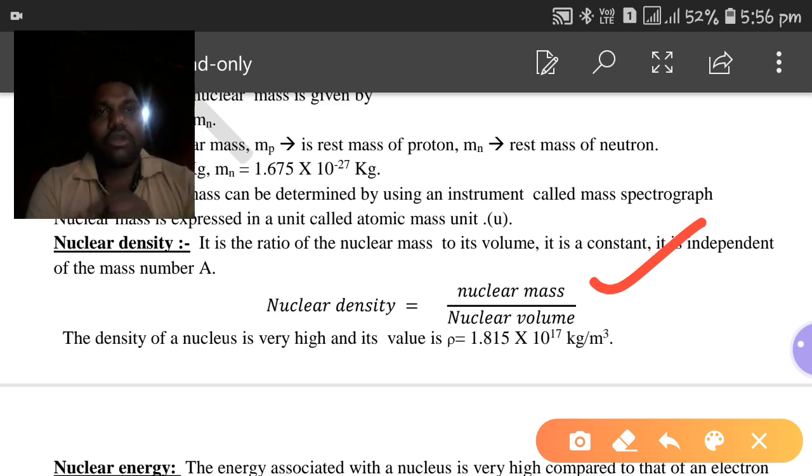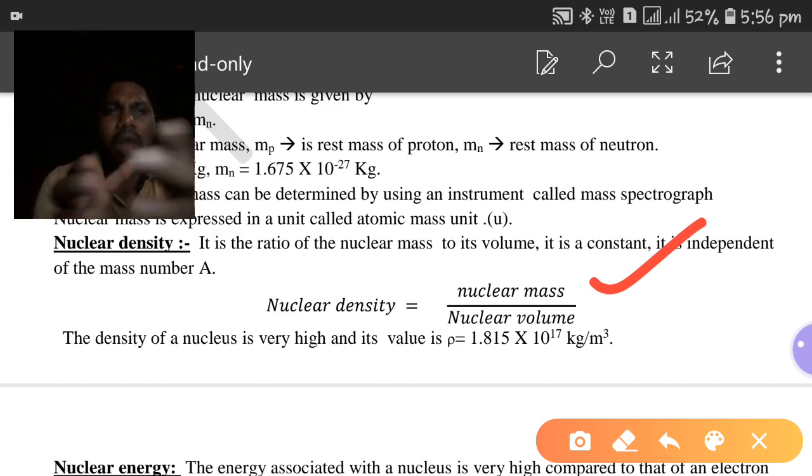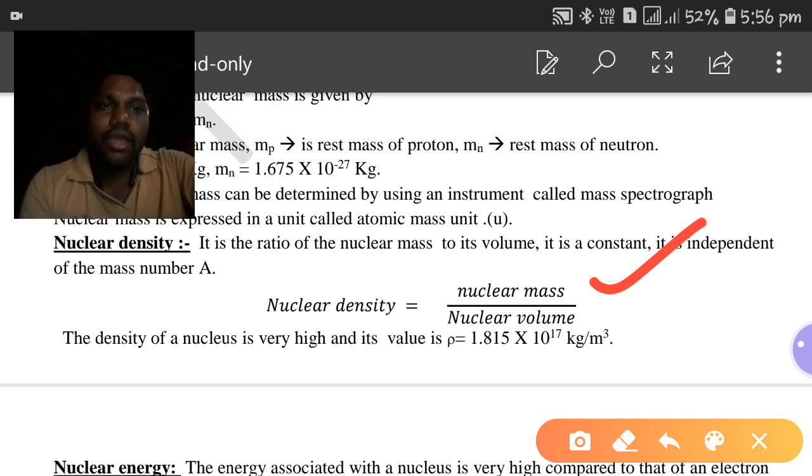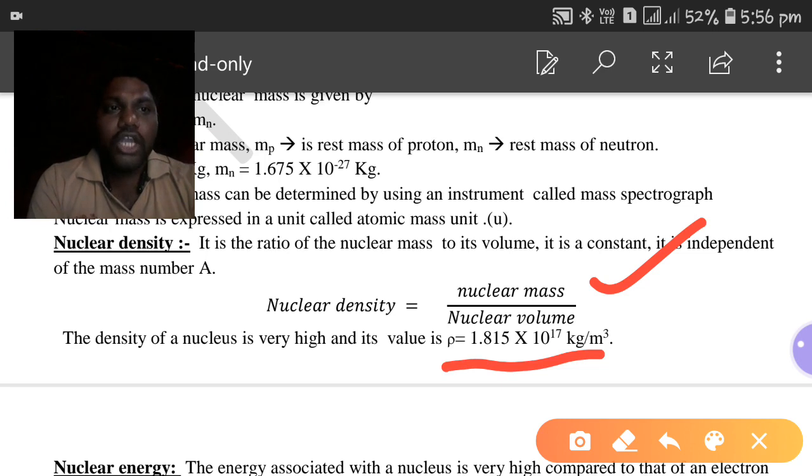As the nuclear mass increases, the volume also increases, but the ratio remains the same, and therefore this nuclear density is constant. It is given by rho = 1.815 × 10^17 kg per meter cube. So nuclear density is the ratio of nuclear mass to its nuclear volume, and it is always constant, independent of mass number and atomic number.